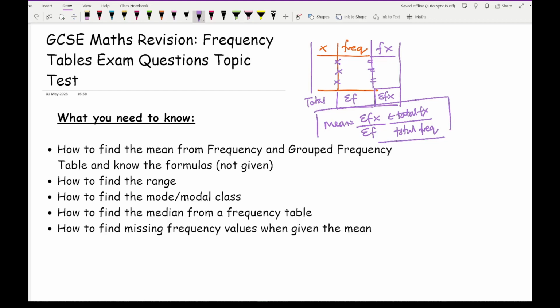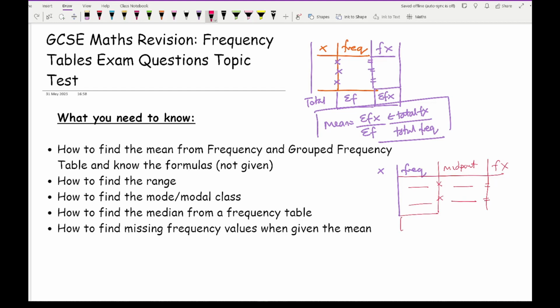Now, when you've got grouped data, so I've got X and you've got the frequency, what you need to do is create a midpoint column and an FX column. Then you multiply these two numbers together to equal the FX values.